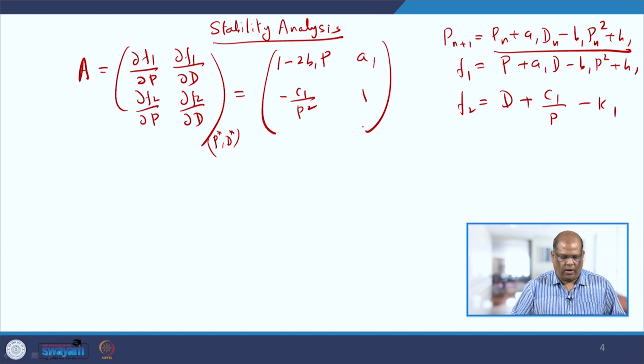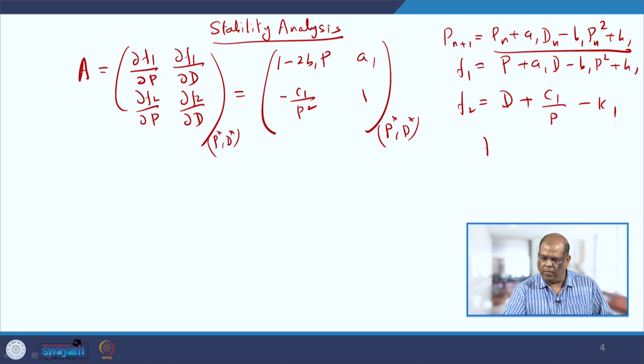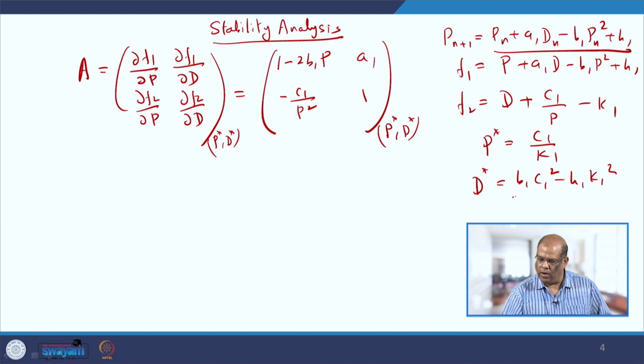And this needs to be calculated at the point p star, d star, where p star is equal to c1 by k1 and d star is equal to (b1 c1 square minus h1 k1 square) divided by a k1 square.